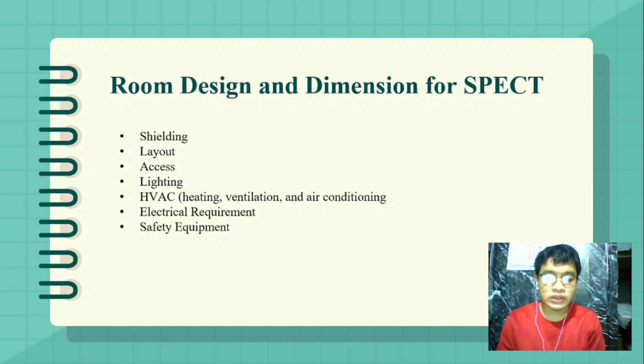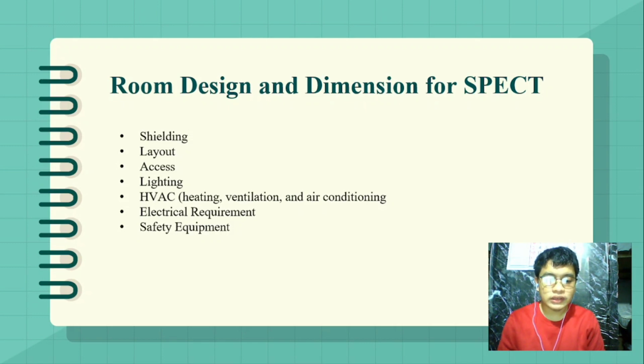Lighting. The room should have adjustable lighting to facilitate image acquisition and patient comfort. Dimmable lights are often used to minimize the patient's anxiety. HVAC. Adequate ventilation and air conditioning should be in place to maintain a comfortable environment and ensure proper air circulation.